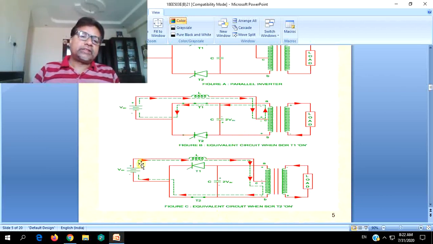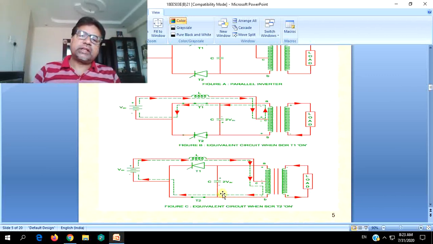Then the supply voltage and supply current start to flow via the inductance, C, B, T2 and back to the source. And again now, because the voltage source is higher, and as the lower half of the primary has become the actual supplying one, the main flux will be set up in the lower half.